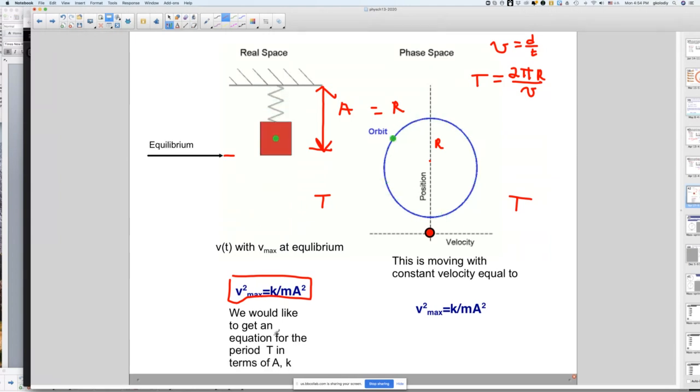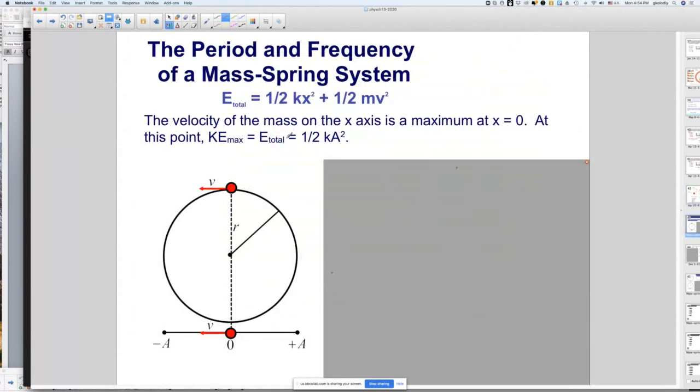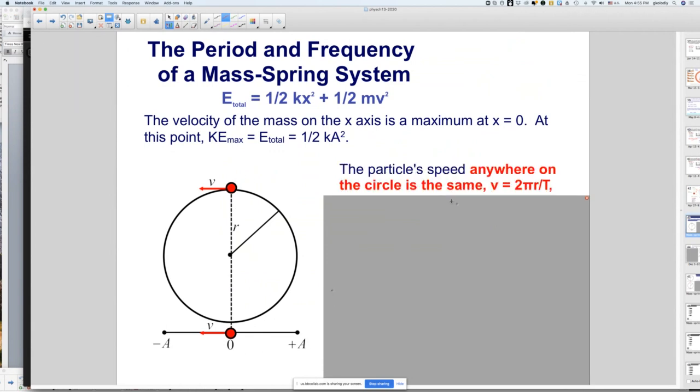So we would like to get an equation for the period in terms of the amplitude, k, and the mass, all these other things here. And so again, these two velocities are now the same. So the particle speed anywhere in the circle, the one that's going in the circle, is always equal to v equals 2 pi r over T, over the period.